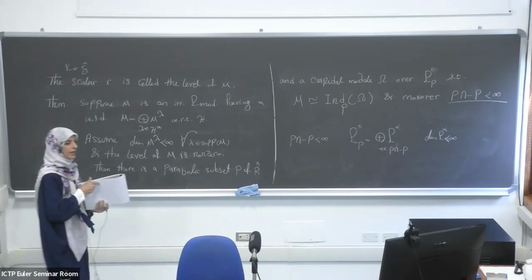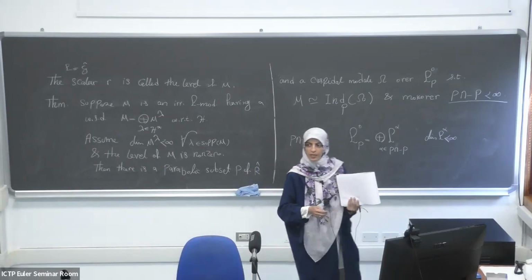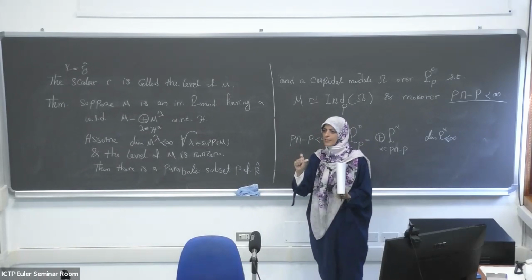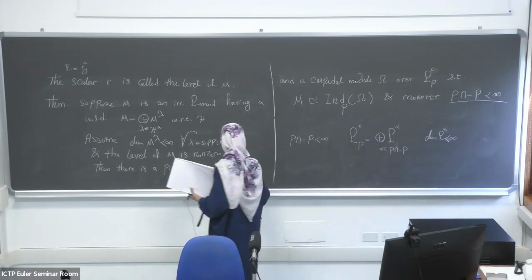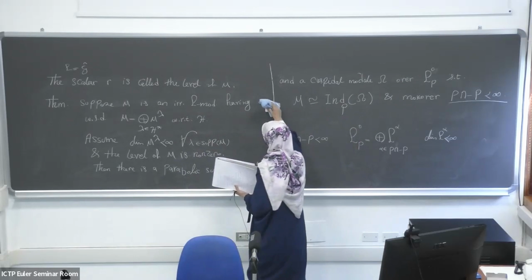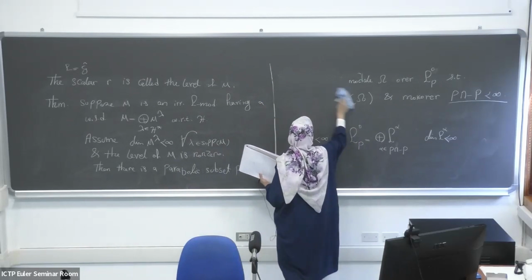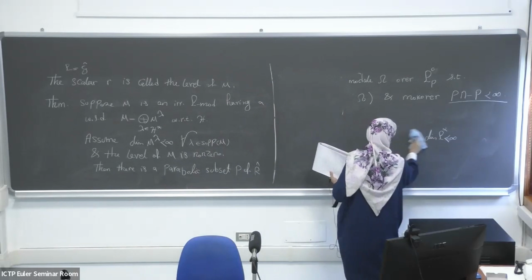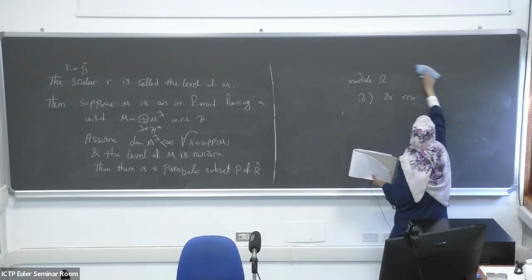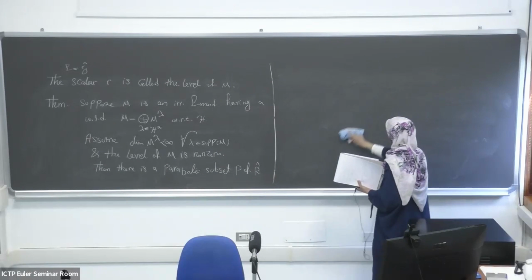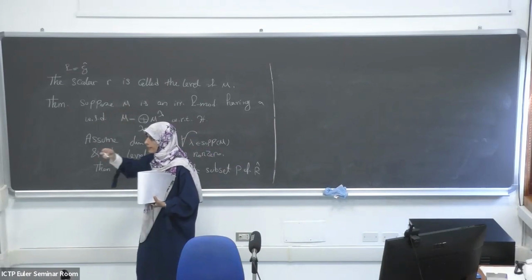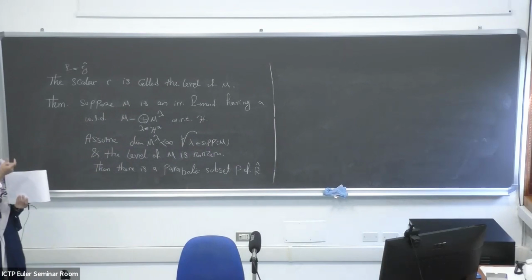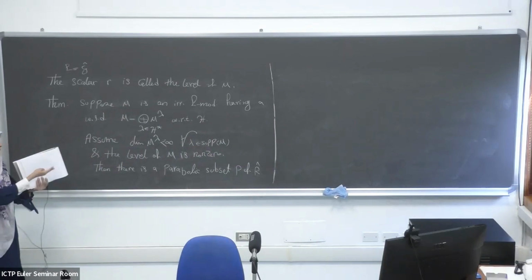And now I just want to mention some differences between the super case and the non-super case in some examples. I like to see those differences precisely. I said it is an affine Lie superalgebra, and if you start with a Lie algebra, I mean the odd part is 0, you get an affine Lie algebra.